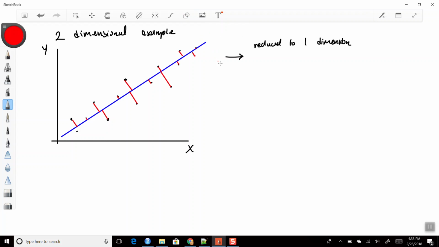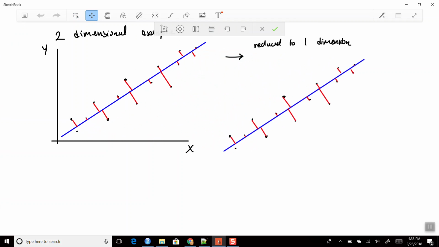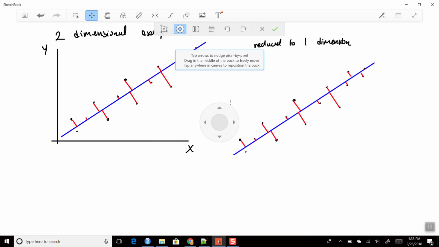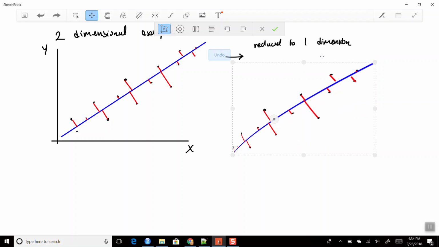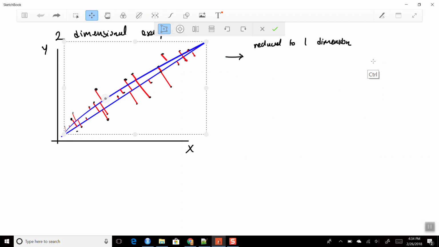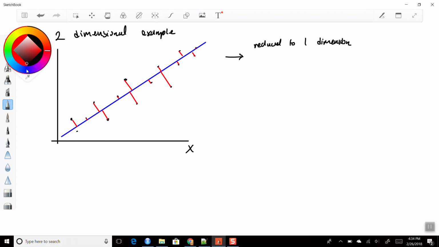Okay, and so now does this even work? I don't know how to rotate. All right, I give up. Cancel. Okay. Basically, we reduce this to just a single dimension.